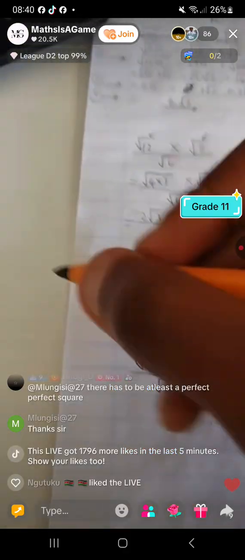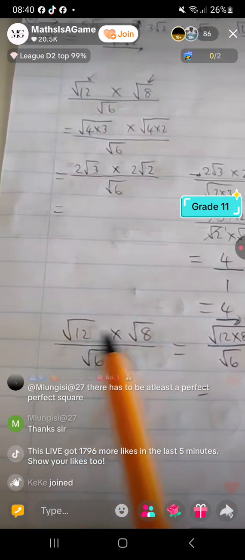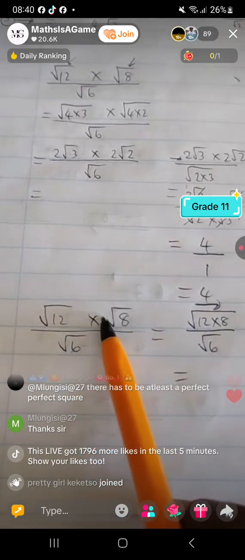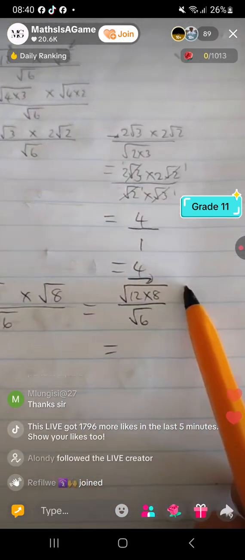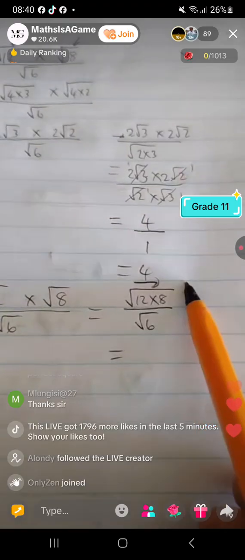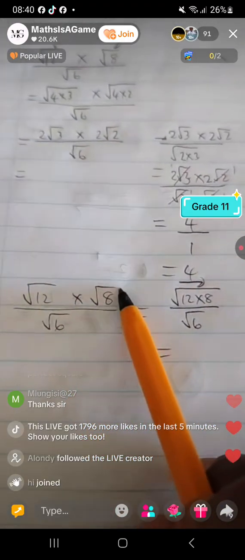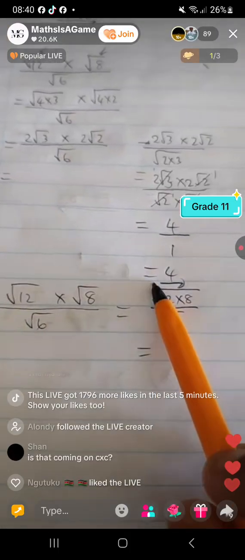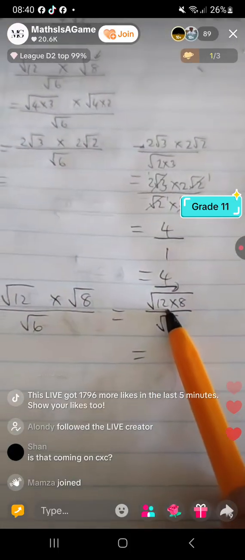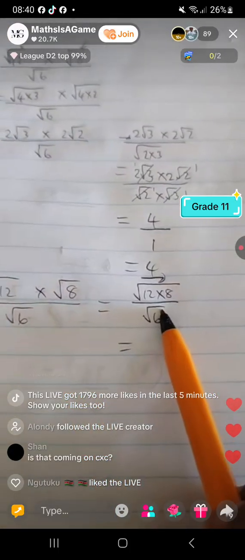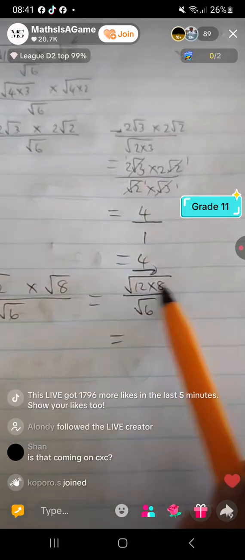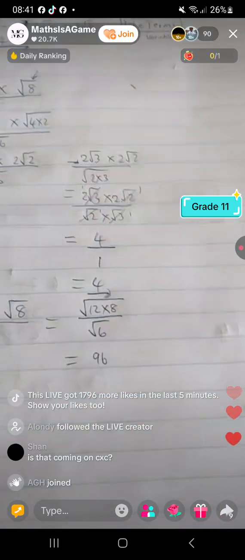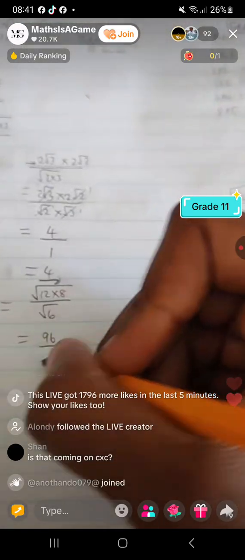Remember, these are split, but since it's the same root, you can write it under the same square root. If you are multiplying or dividing, you can write the numbers underneath the same square root, over the square root of 6. So if we come here now, what's 12 times 8? Over what?